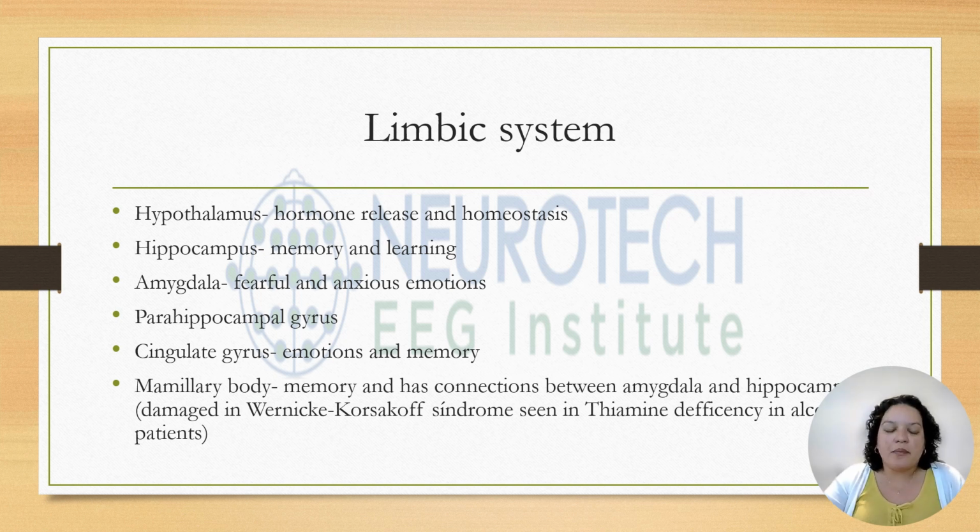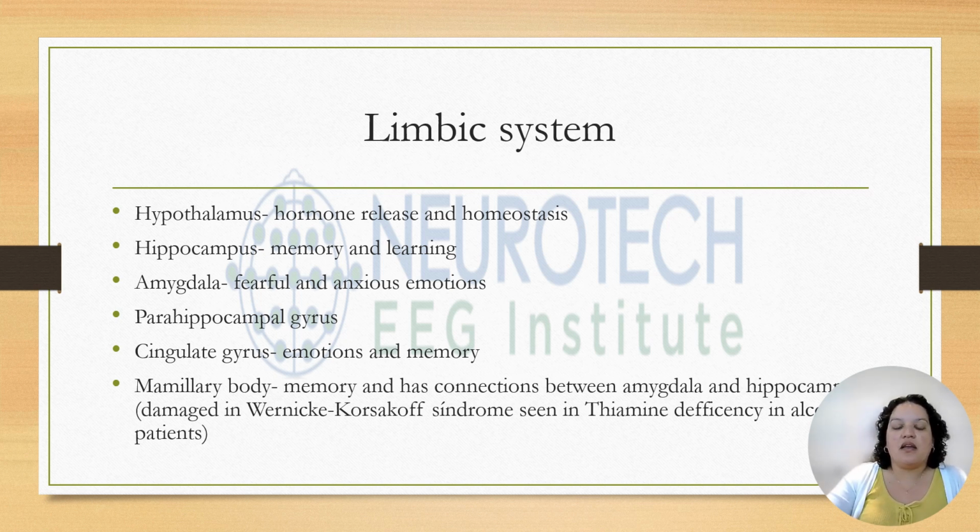And then the mammillary bodies. If you see this question in the CLTM, it's going to be related to a patient that is alcoholic, that has riboflavin or vitamin B1 deficiency, and the mammillary bodies are affected. So memory, they're gonna have a type of dementia, and it's gonna be the Wernicke-Korsakoff syndrome.